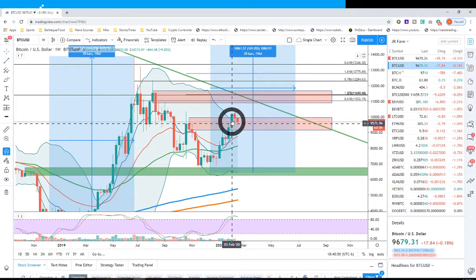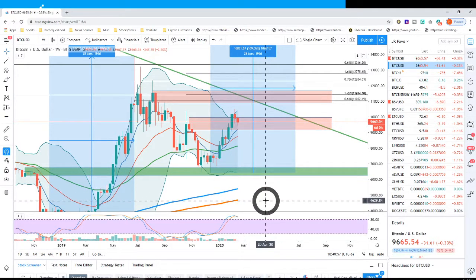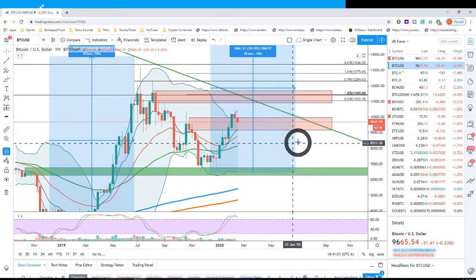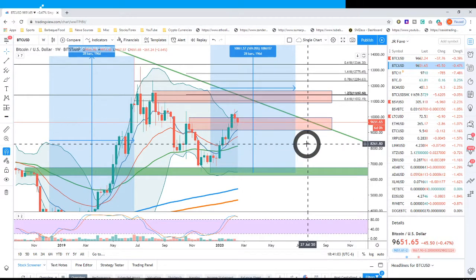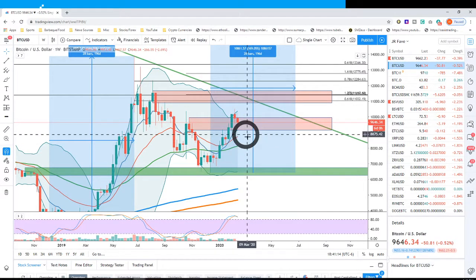Any break below this big green stick right here, and I'll start to rethink some things. For me, it's probably anything below 9,000. A break of this 10 EMA, which has been holding it up, I would get at least short-term bearish, as something else might be going on.